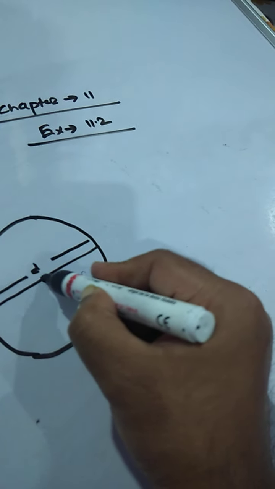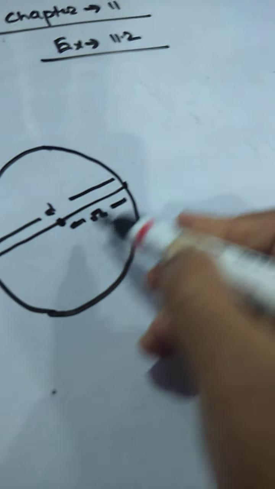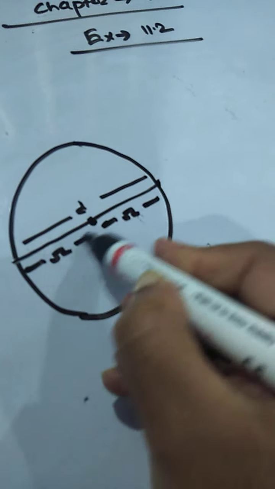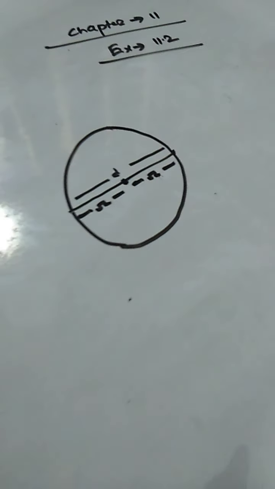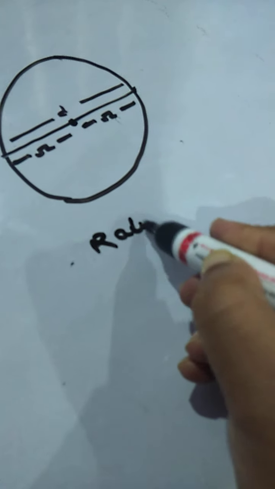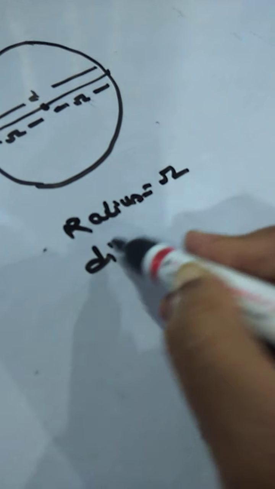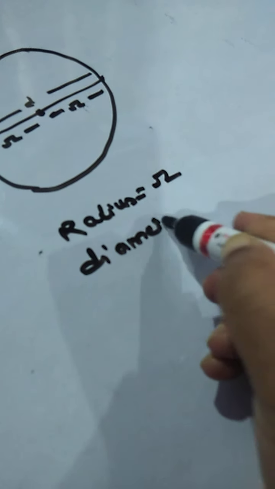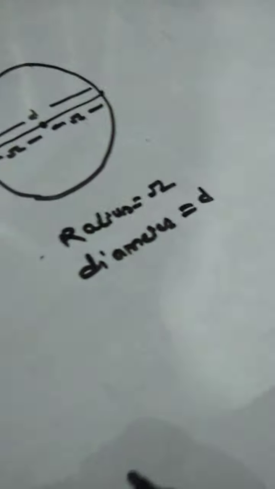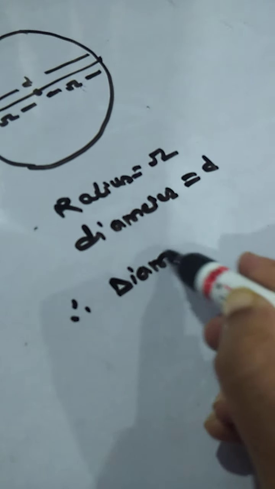This is considered as D according to the question. And from the center to this point will be considered as R. So this will also be R, isn't it? So what will D represent? Given that radius is considered as small r and diameter is considered as D. Now, diameter is a combination of how many r's? 2 r's.